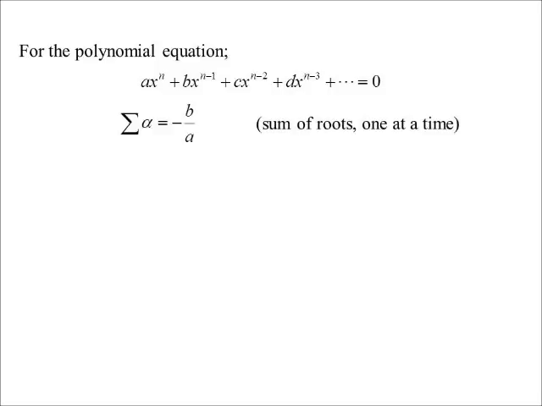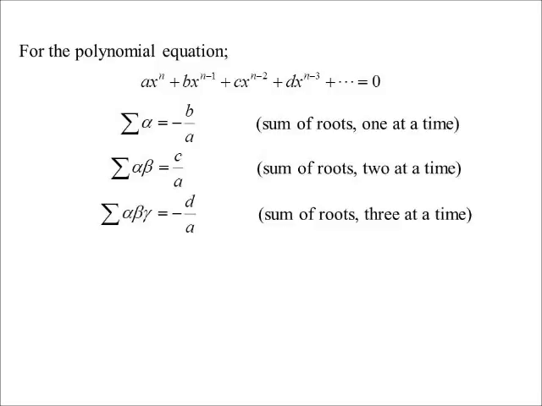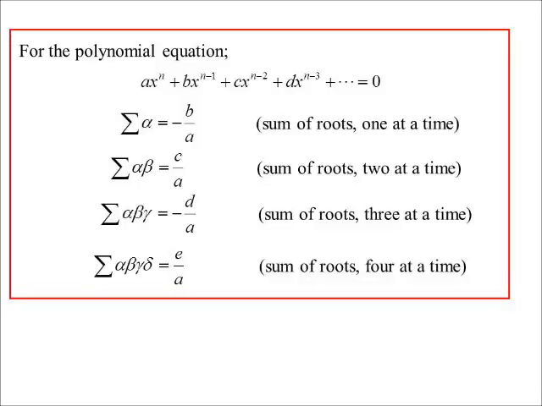So notation for that, there's our capital sigma, sum of, and I just put one root down. So I'm saying sum of the roots one at a time. So depending on how many we have, alpha plus beta plus gamma plus delta plus epsilon and so on, that will always be minus b on a. Two at a time will always be c on a. Three at a time will always be minus d on a. Four at a time would be e on a.